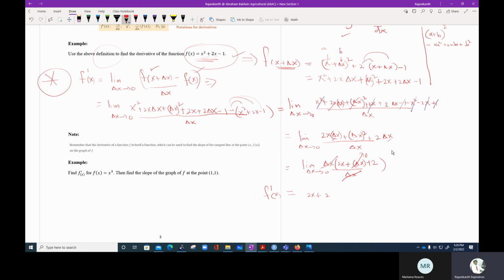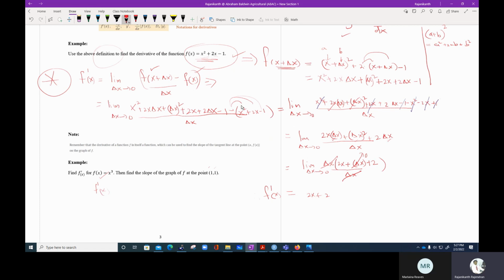Now find f prime of x for the given function f of x equals x cubed. After finding the derivative function, find the slope of the function f at the given point (1, 1). First of all, you need to find f prime of x, like we just did.